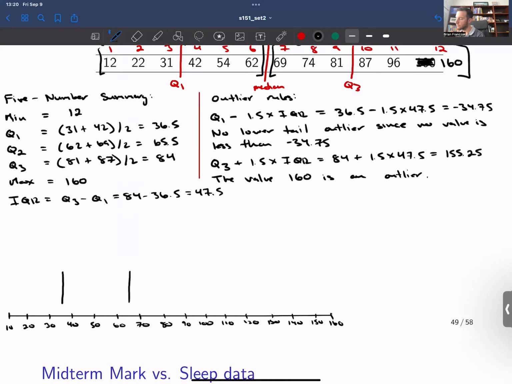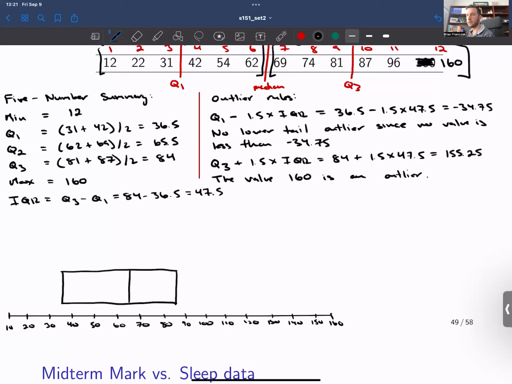And then I'll mark down Q3, which is 84. So that'll be right here. And then I will connect these three points. Okay, so this is the box.